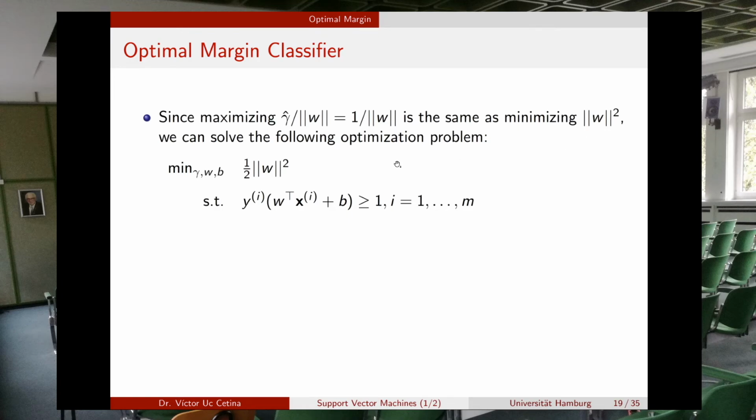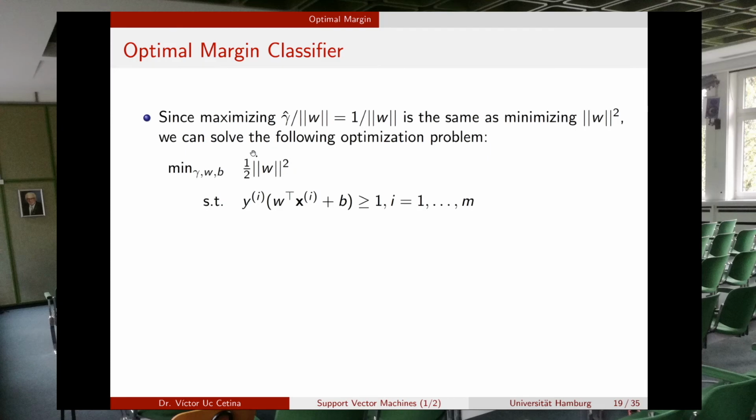So we can directly minimize the norm of W, and to get rid of the square root, we can simply square the norm. So we end up with a minimization problem, where we want to minimize this. Here we have added 1/2 just because when we compute the derivative of this, the 2 will multiply the 1/2 and it will disappear, so it will become 1.